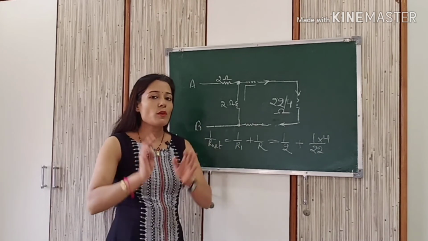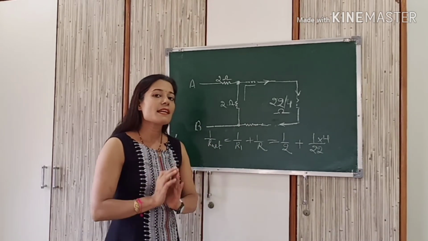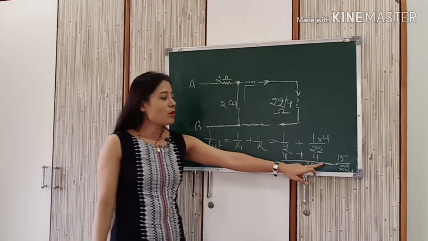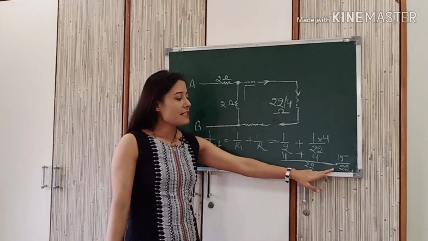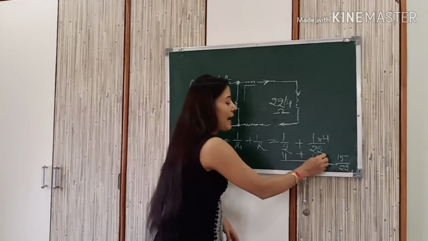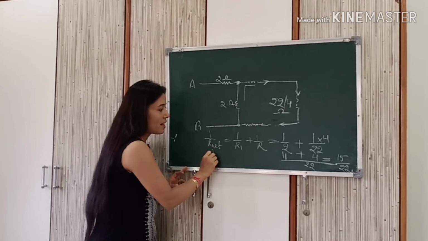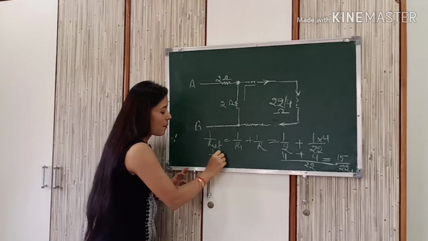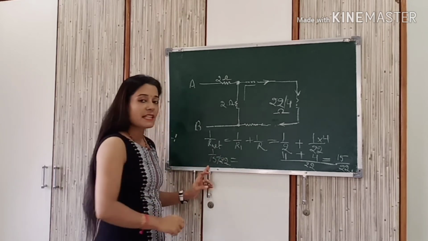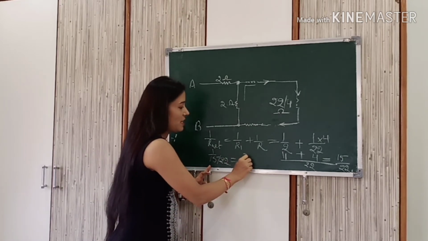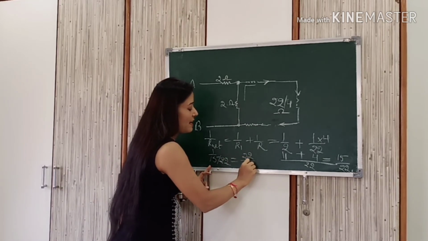So what will be the equivalent resistance? Let's calculate. The reciprocal value of resistance is 15 by 22, and what will be the R net? R net will be 1 upon 15 by 22, so the resistance value will be 22 by 15.